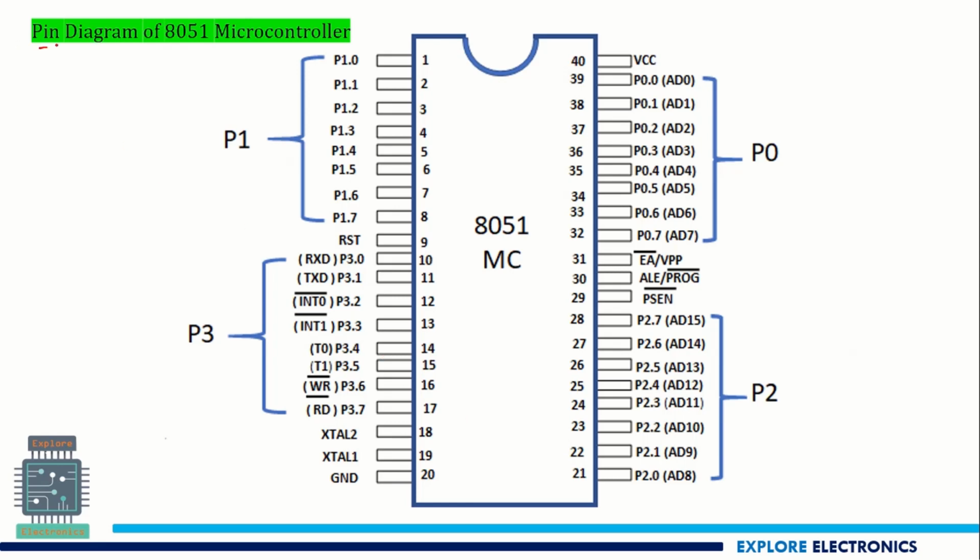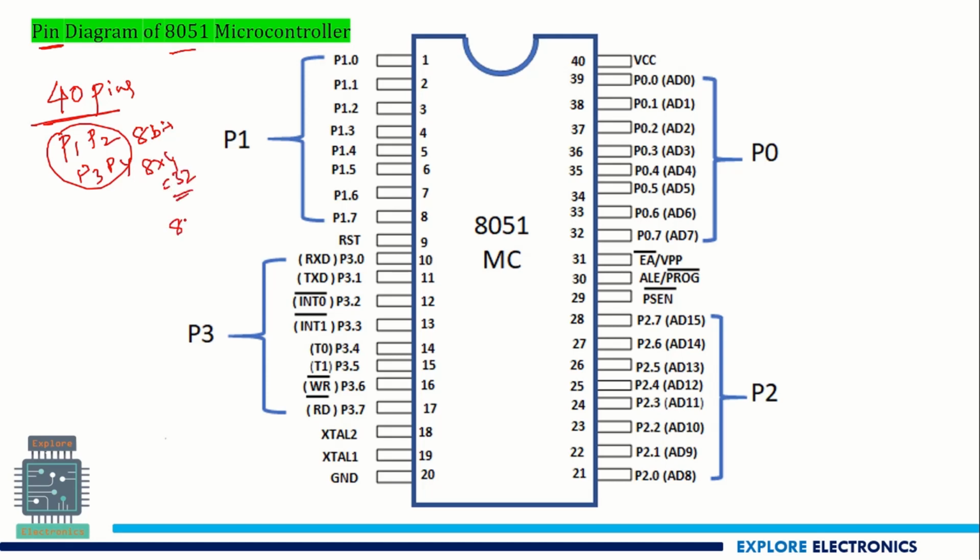If you look at the pin diagram, this 8051 microcontroller has a total of 40 pins. These 40 pins are divided into P0, P1, P2 and P3, which are 8-bit ports. 8 into 4 is 32.